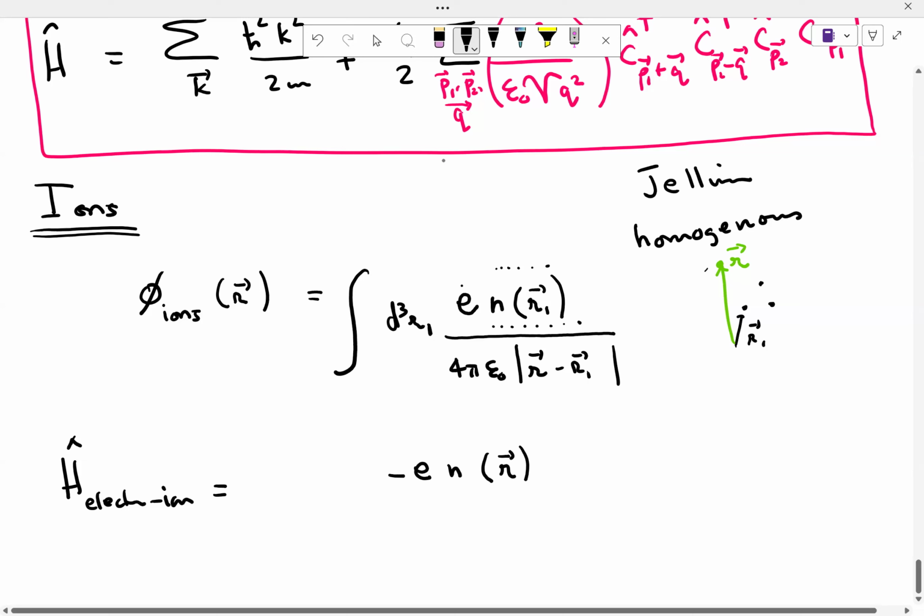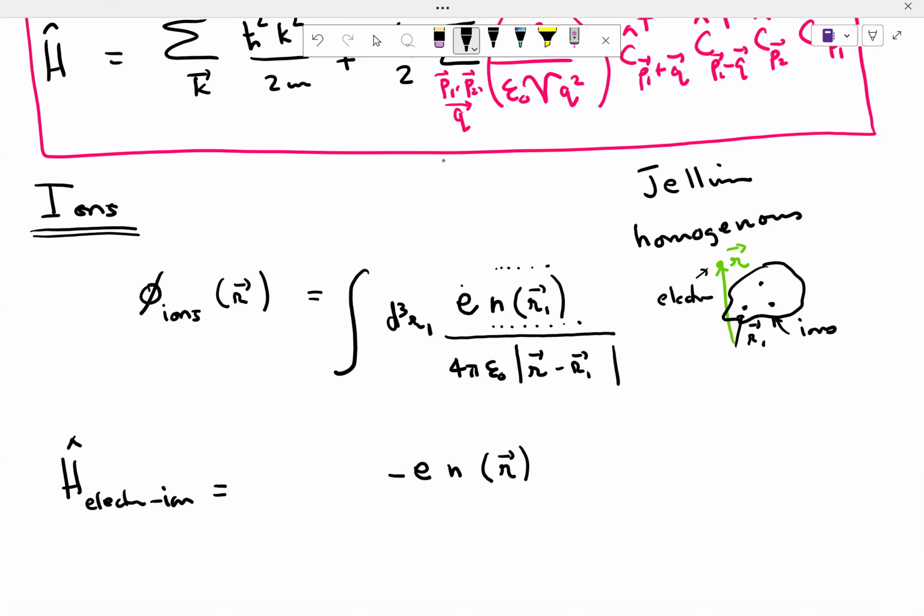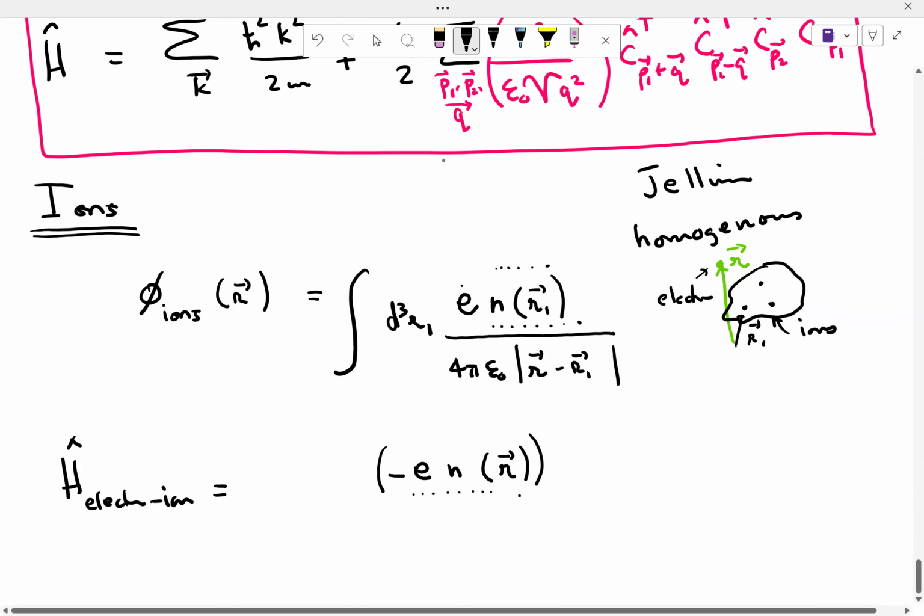So the electrons are here and the ions are here. So you multiply the electric potential produced at the location of the electrons from the ions with the number density of electrons, and then have n(r1) and then you divide by 4 pi epsilon naught times r minus r1.